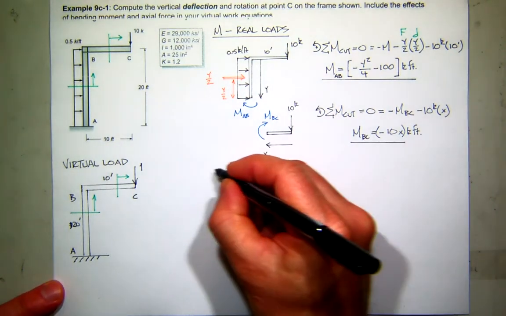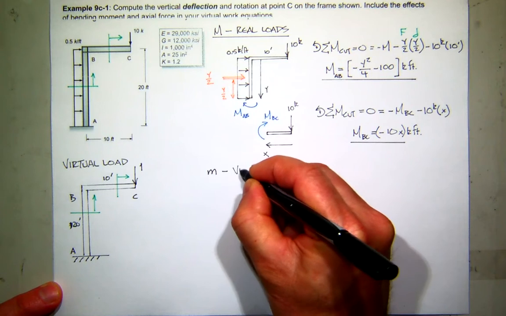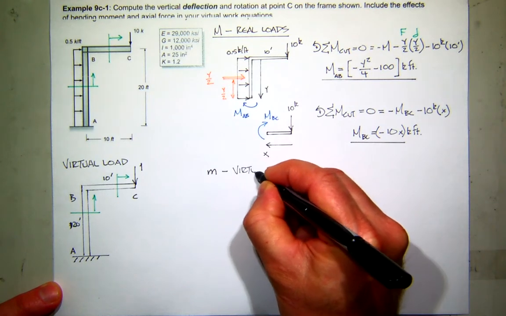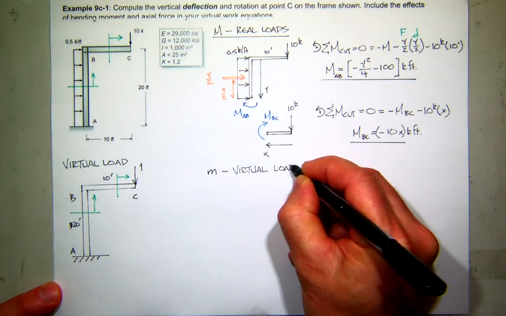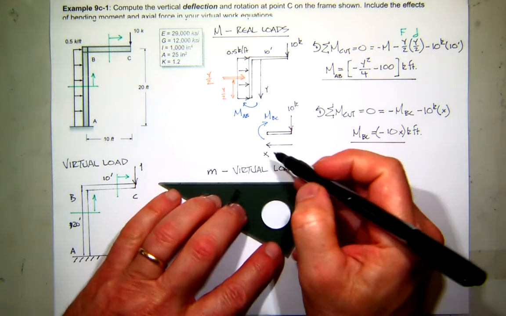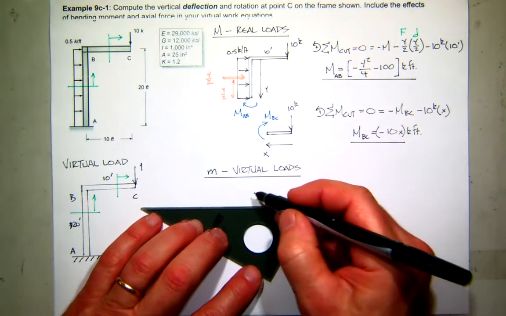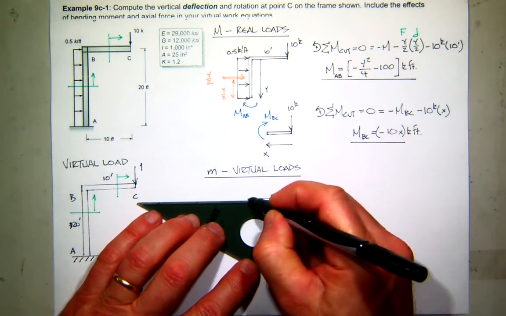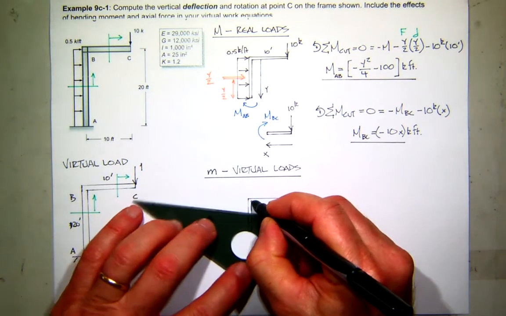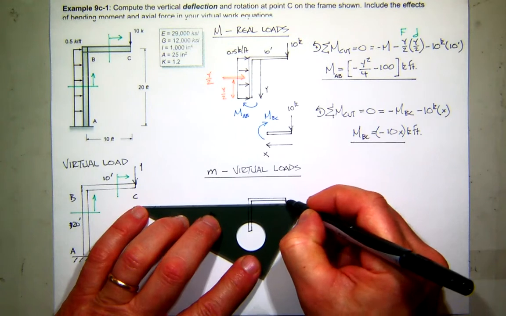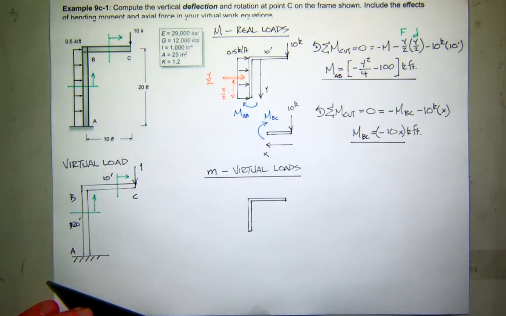Now these will be my moments, and I'll use the lowercase m, and this will be for my virtual load. So it's a little boring, but I'm just going to redraw this thing. There's my little free body diagram for this cut from B to C.